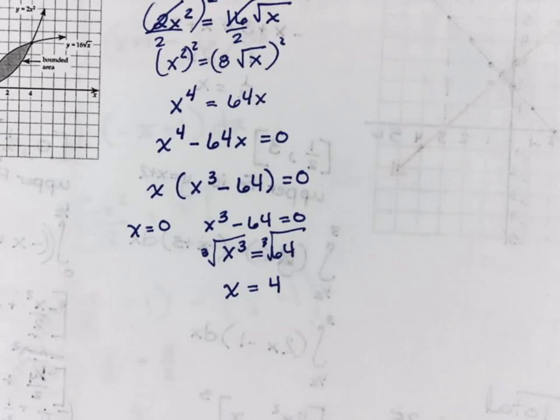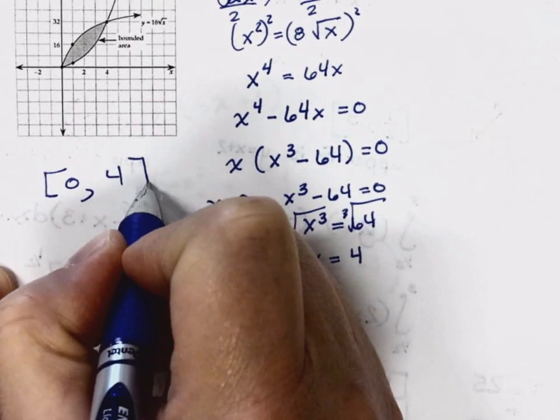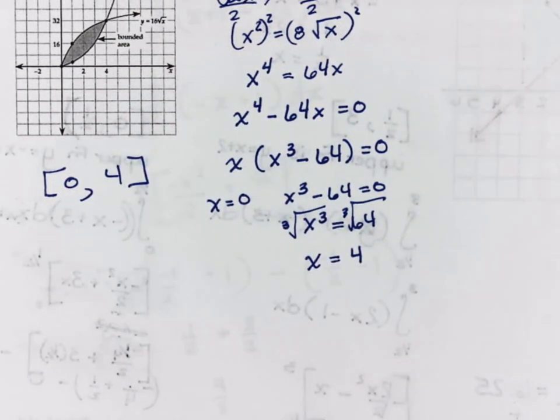Okay, so my interval, again, we could have looked at the graph and seen this. I'm just trying to show you a strategy to use if you don't have the pretty picture to go with it. So we know our interval is 0 to 4. Not again. The other one was 0 to 2. Nice thing about this is the upper function on that interval stays consistent.